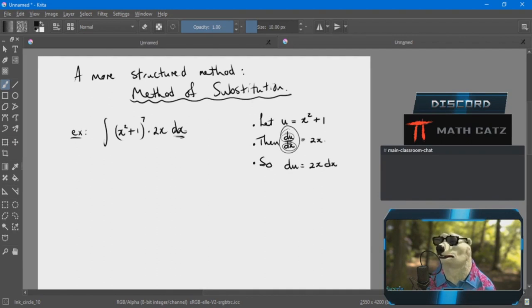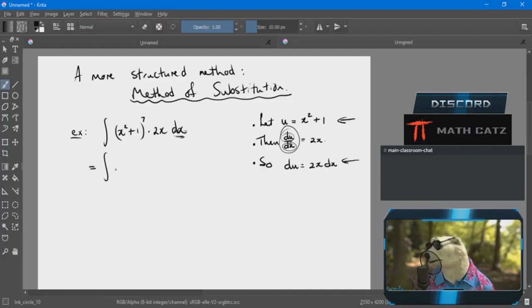If I now look at the first line and the last of my 3 lines, I can use those 2 lines to rewrite this integral to be a new looking integral, but with the variable u instead. How does that work?